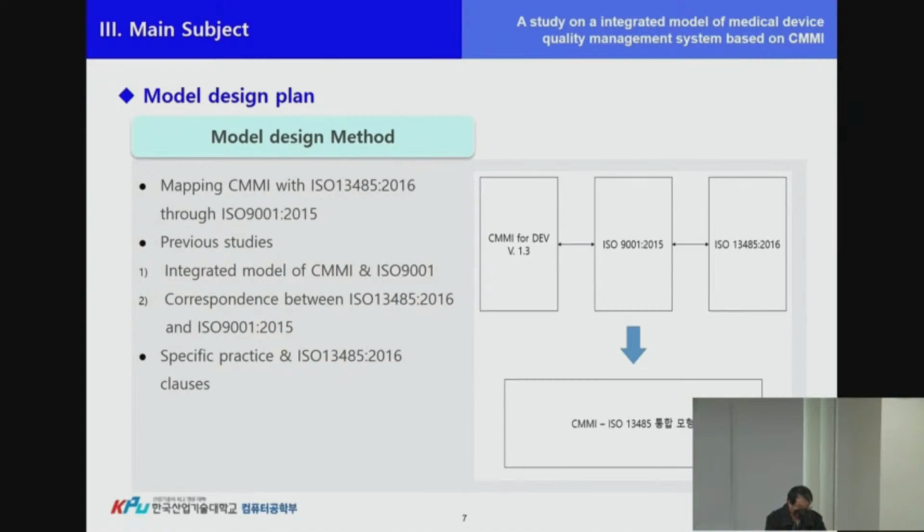And ISO 13485-2016 provide the correspondence between ISO 13485-2016 and ISO 9001-2015 in the Annex B of ISO 13485-2016 standard.